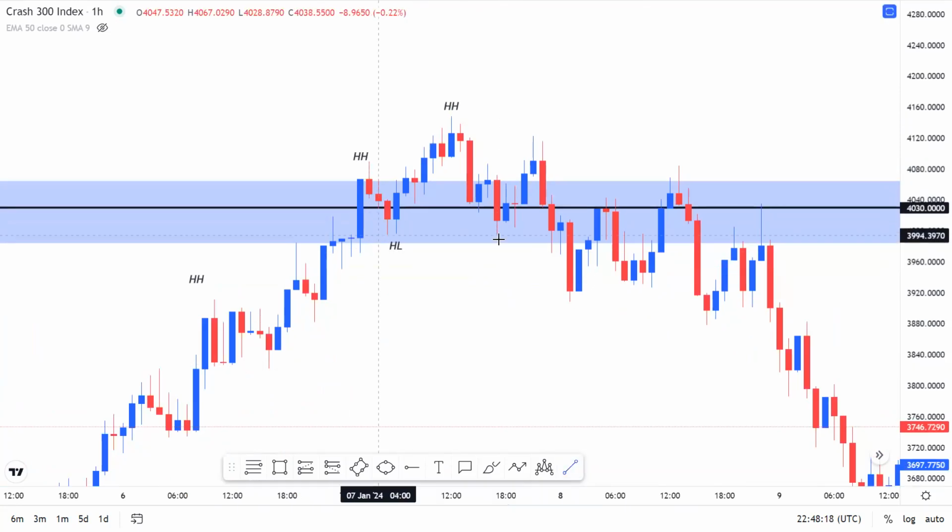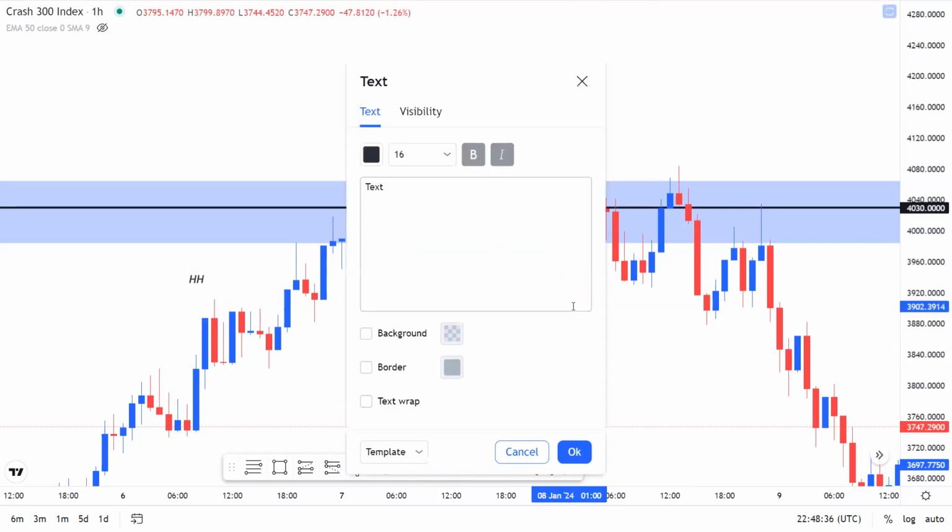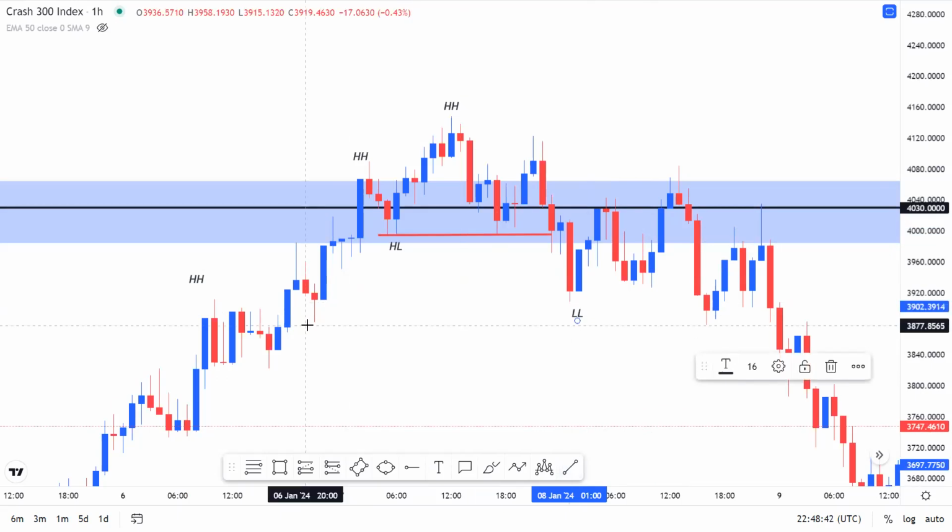And then you notice the nice structure shift as soon as we had a break and close below this higher low, with price giving us right here a lower low. So clearly we had a nice structure shift from a bullish trend to a bearish trend on the hourly time frame.